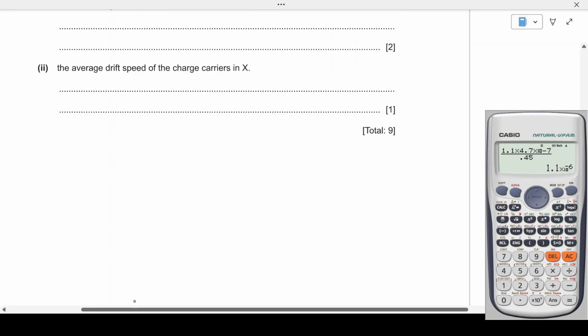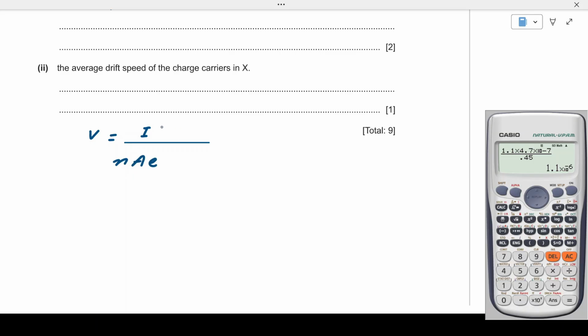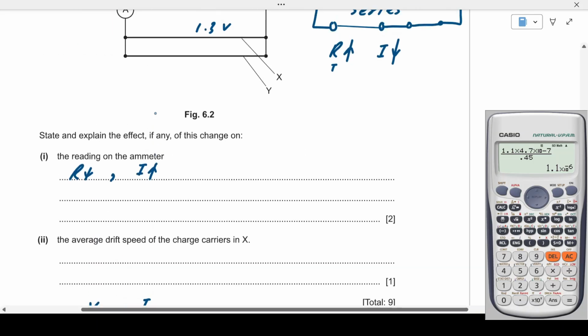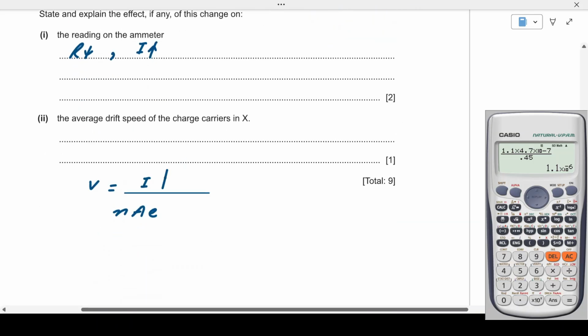The average drift speed of the charge carriers in X. So drift speed is related by this formula, I over NAE. The total current has been increased, so the average drift speed would also increase. Oh, wait a minute. Okay, yeah, my bad.